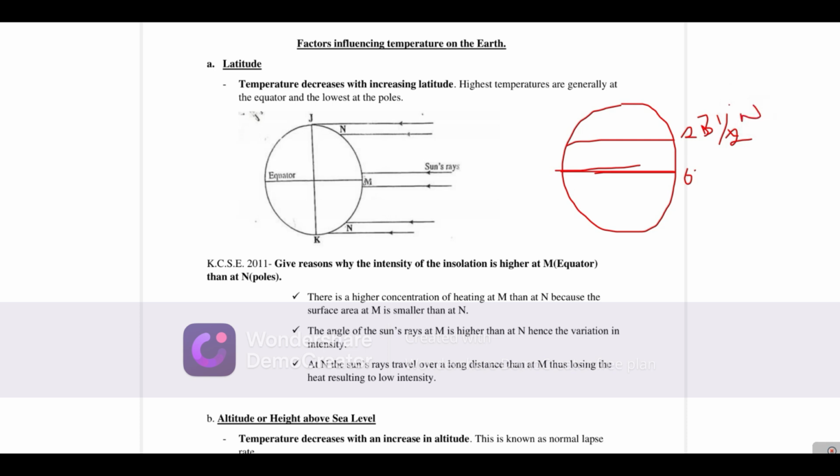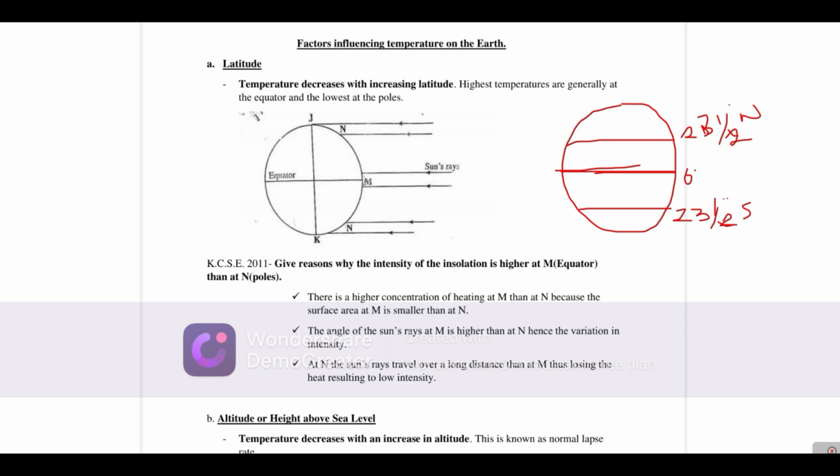And there's another one here, which is 23 and a half degrees south. So those are some of the major latitudes. We have also the Arctic, and we have another one, the Antarctic. These are now the latitudes, for someone who was maybe asking what latitudes could be.